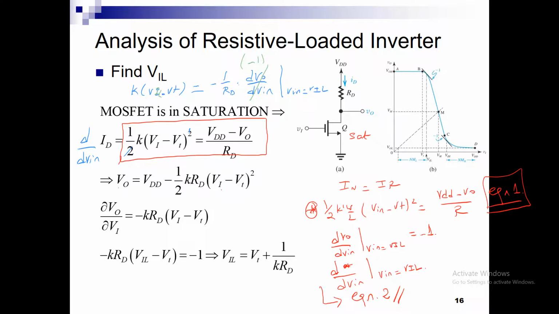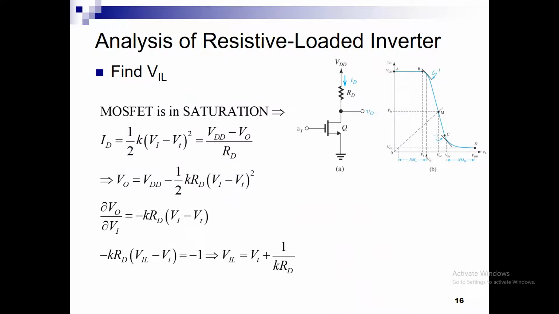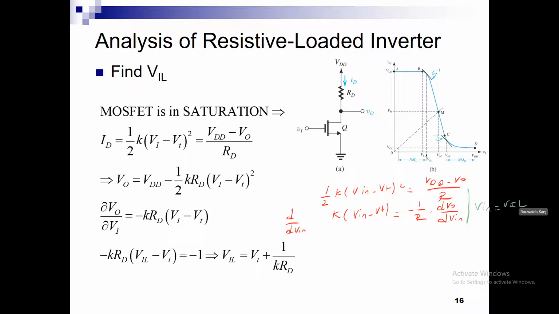So let us differentiate this equation. I have here half K times Vn minus Vt squared equals VDD minus VO over R. I differentiate with respect to Vn, and I will end up with K into Vn minus Vt is equal to -1 over R times dVO by dVn. I will plug in and evaluate when Vn equals VIL.